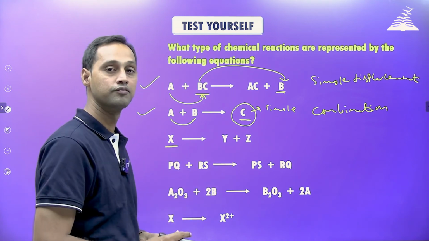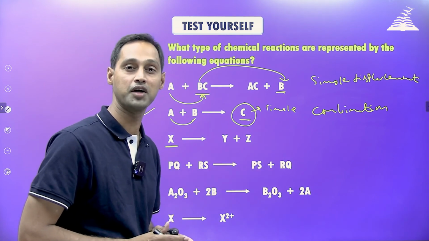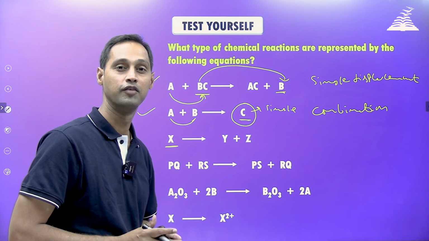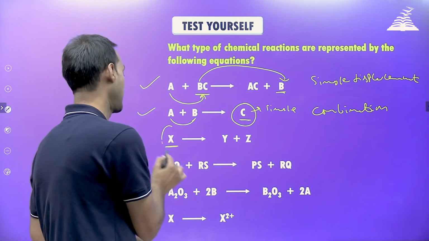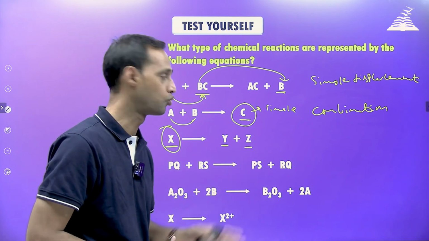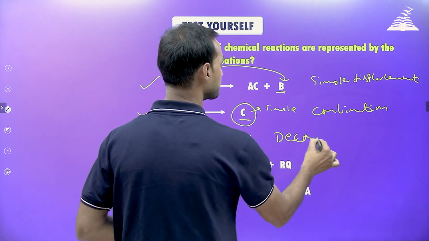One substance breaks down into two or more substances. This is a decomposition reaction. One substance X breaks down, giving two new substances Y and Z.